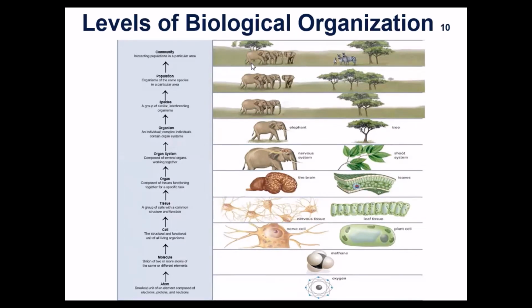There's going to be other groups of populations. And so maybe there's a population of zebras, or maybe there's a population of birds that live kind of right around this area, or population of certain trees, or population of certain grasses. And so all of those populations interacting and living in a general area, that creates a community.